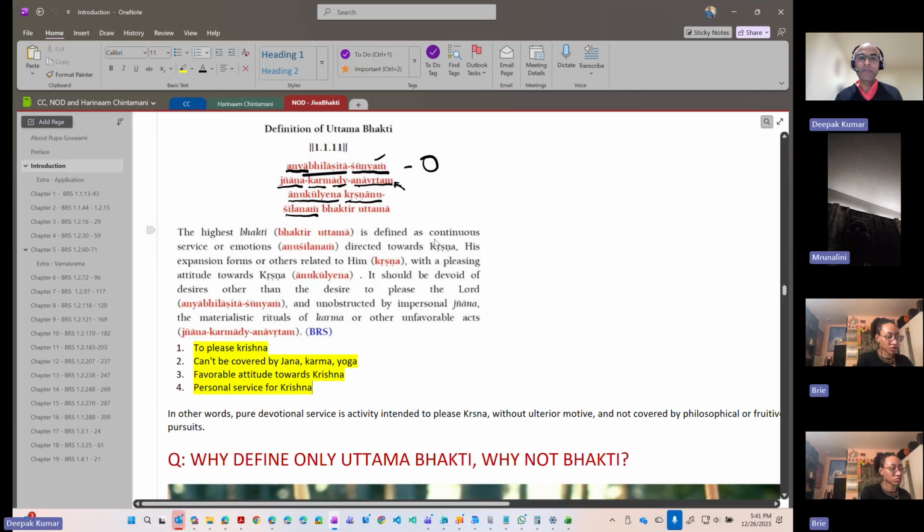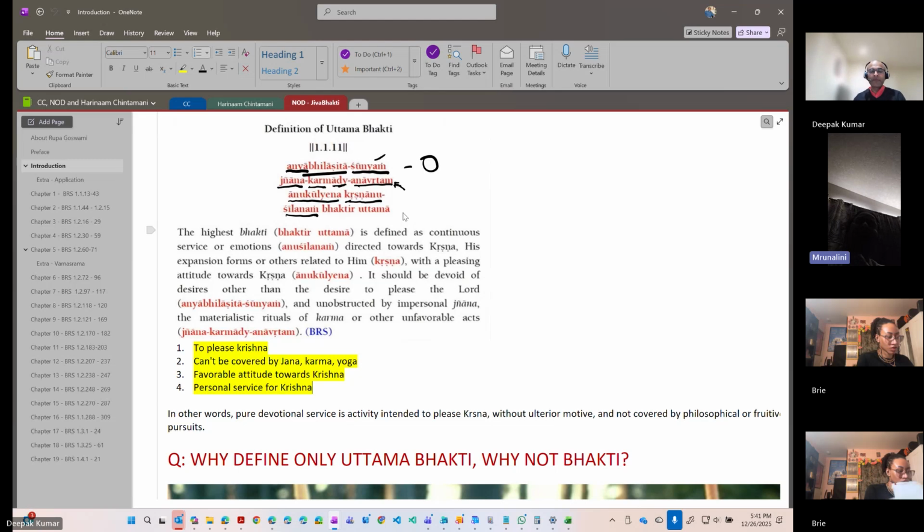It should be a service which is in favor, a thinking always of God, in favor of God, not like Kamsa. Rather, it is complete devotion, complete surrender towards God.